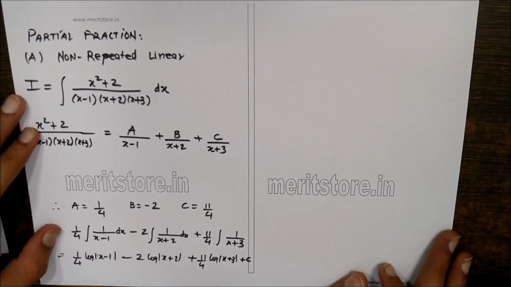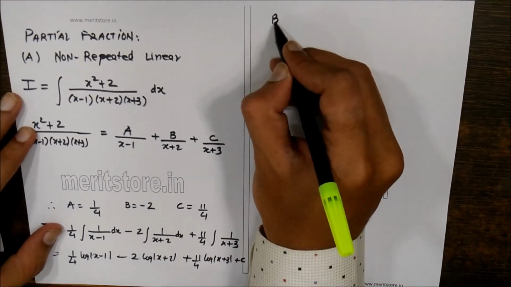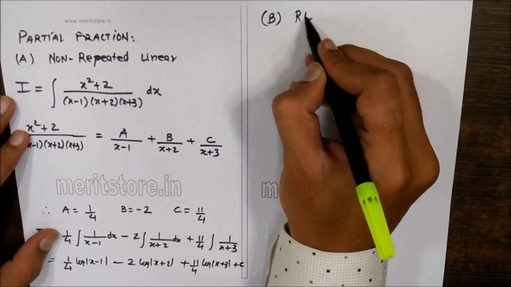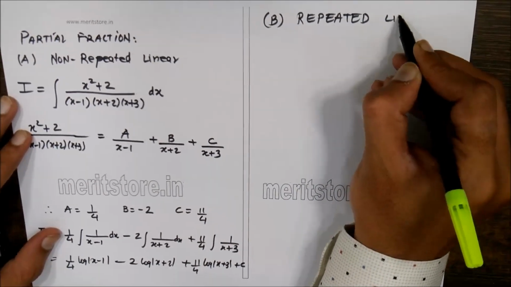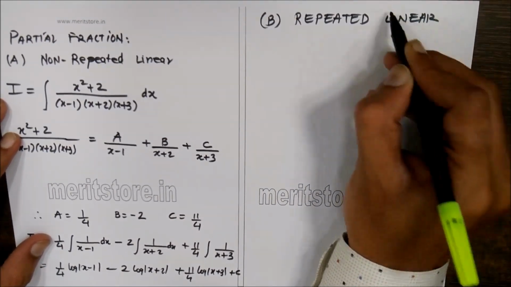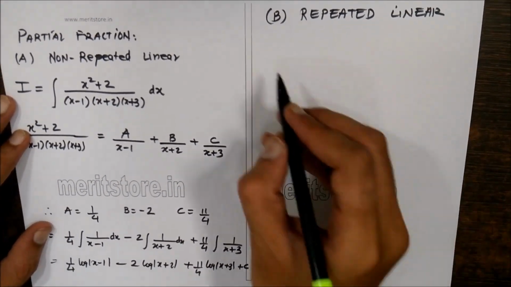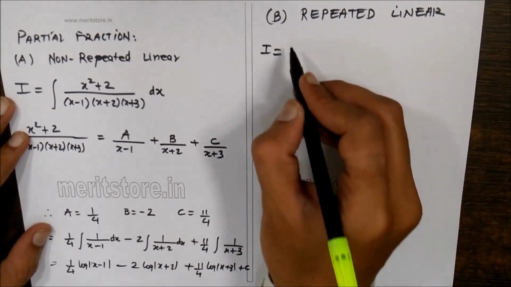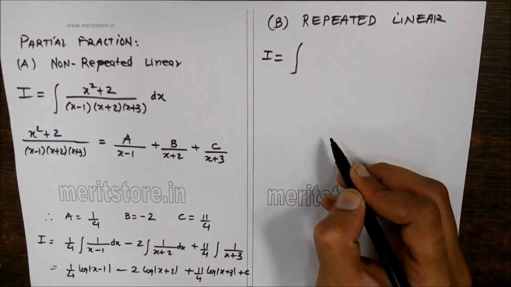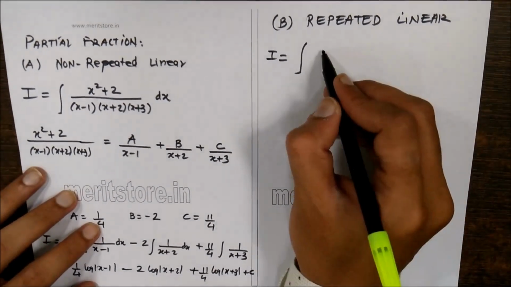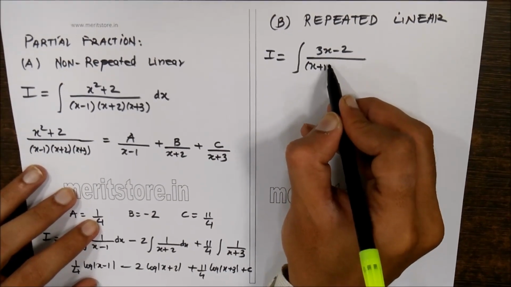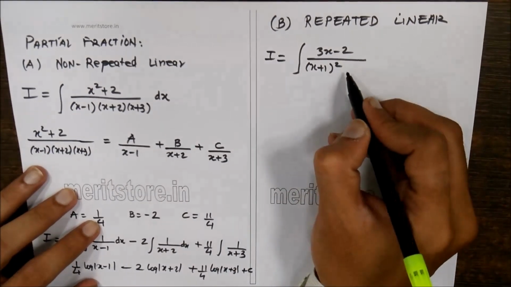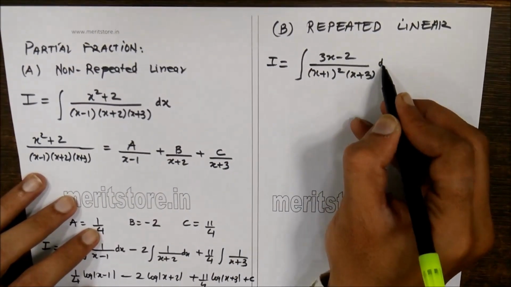Now we'll go to the next category of partial fraction, type B, of repeated linear. Example, integral of 3x minus 2 upon x plus 1 the whole to the power of 2 upon x plus 3 dx.